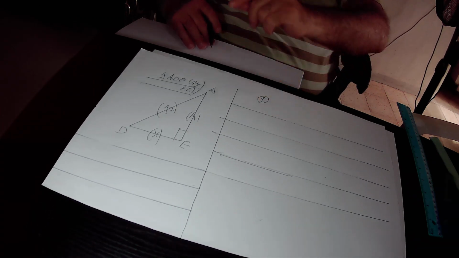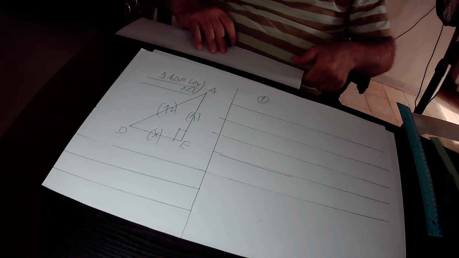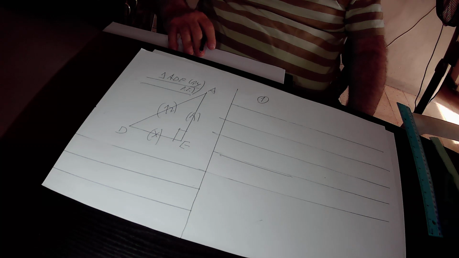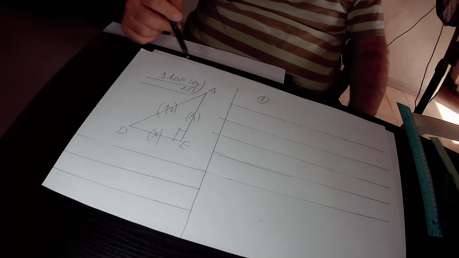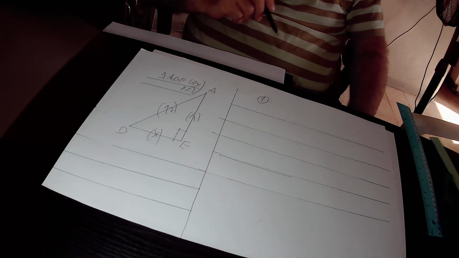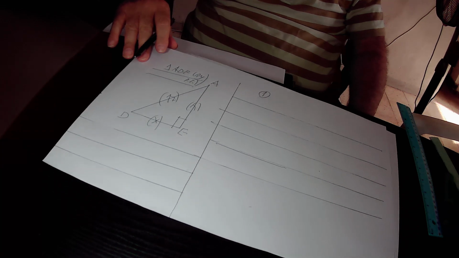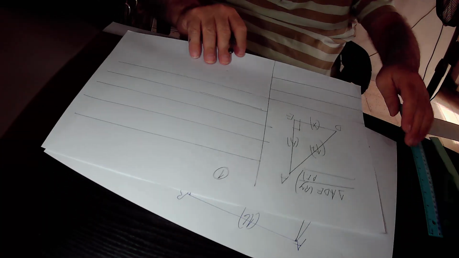So this is the right triangle ADE that is coming from the original drawing. According to the Pythagoras theorem, in this right triangle ADE, AD squared, that is the square of the hypotenuse, is equal to AE squared plus DE squared. So I write it down. This will be equation 1.